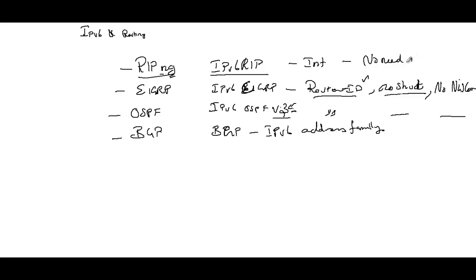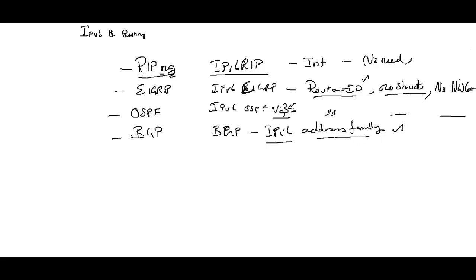All configuration for RIP goes under the interface. BGP is the same as IPv4. The only difference is we will be adding an address family and enabling IPv6 under that address family. So we are going to see these 4 protocols now.